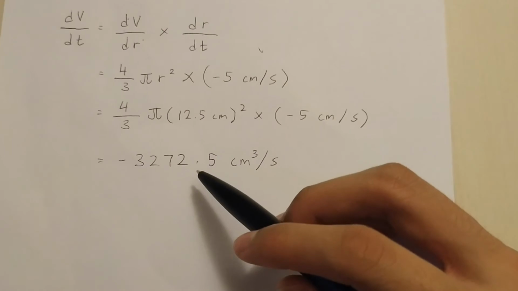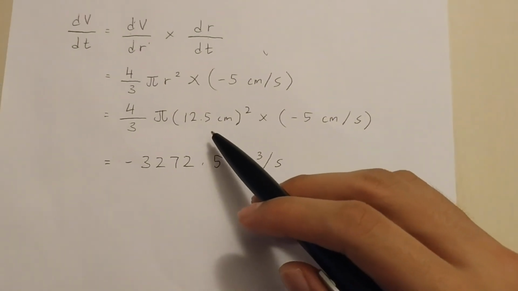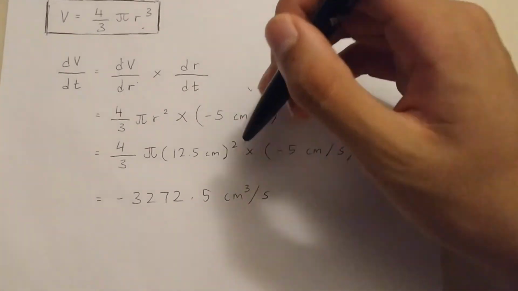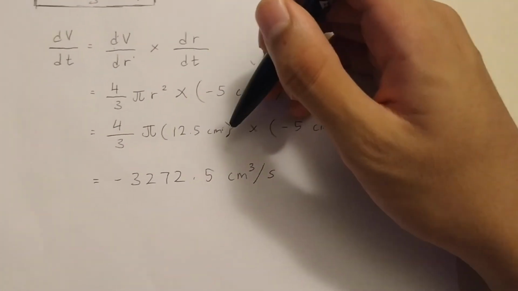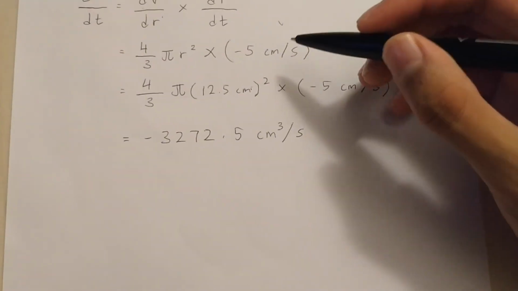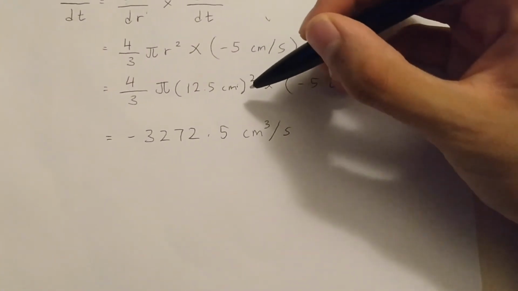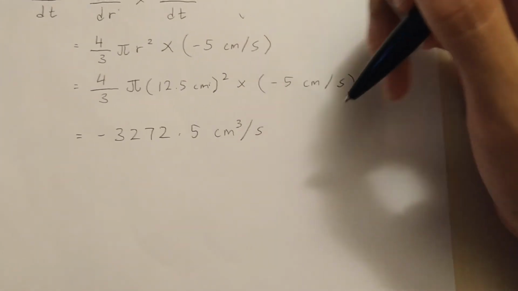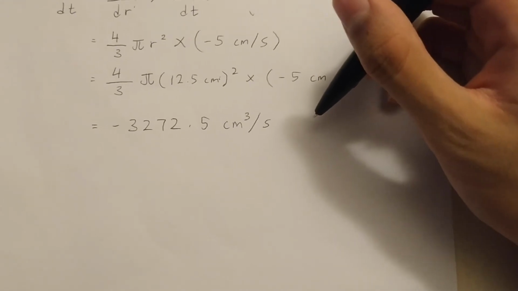Then we just put in the value for the radius. After calculating, we get the final answer of negative 3272.5 cm cubed per second.